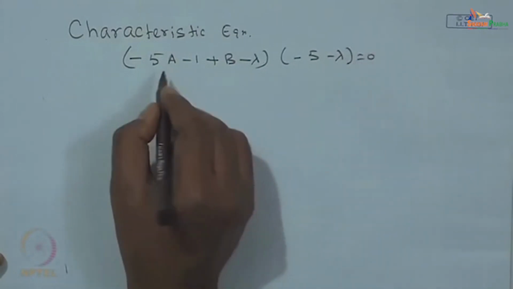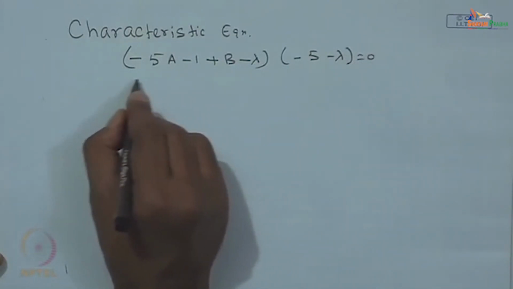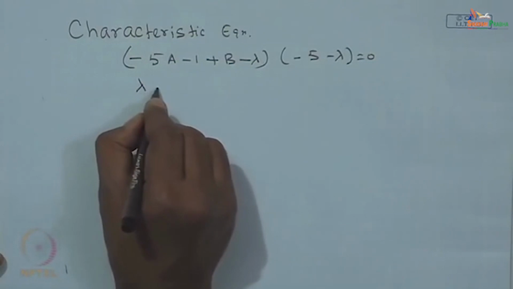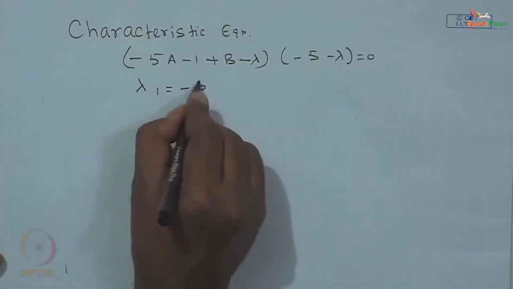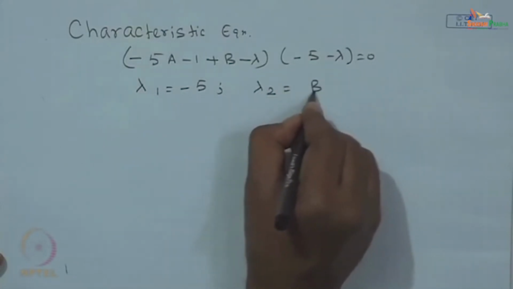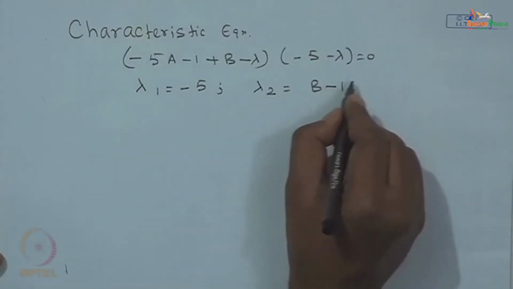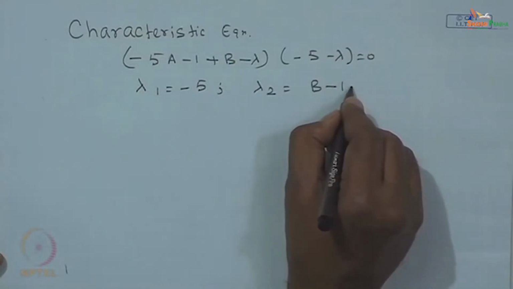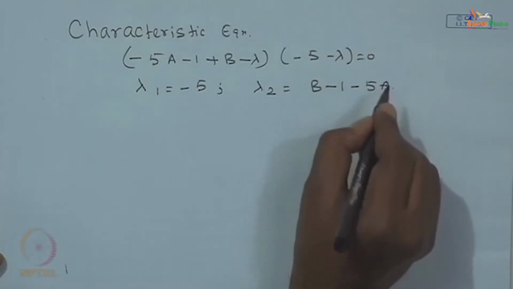So, therefore, the first root lambda 1 is equal to minus 5 and the second, lambda 2, is equal to b minus 1 minus 5a.